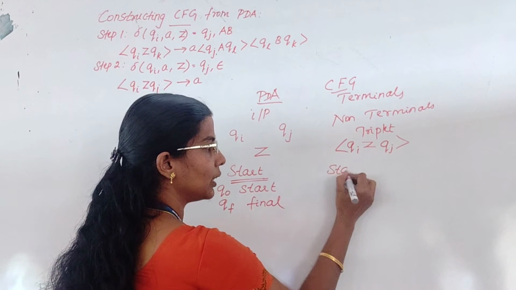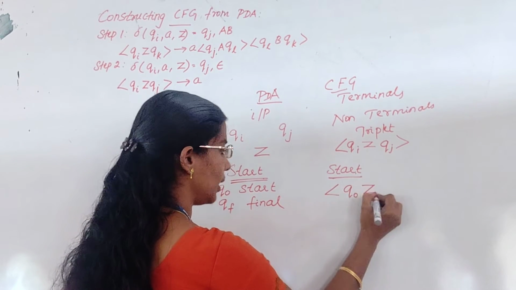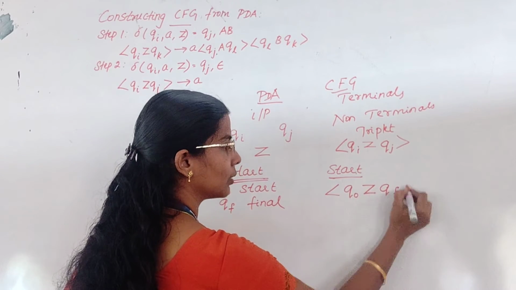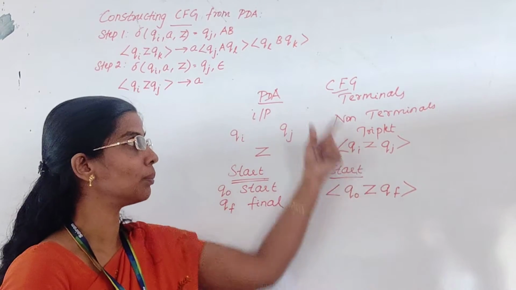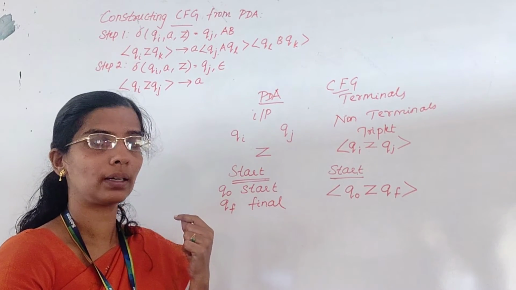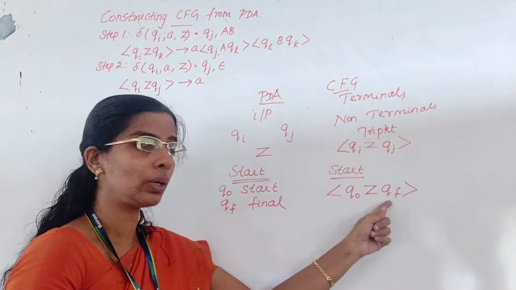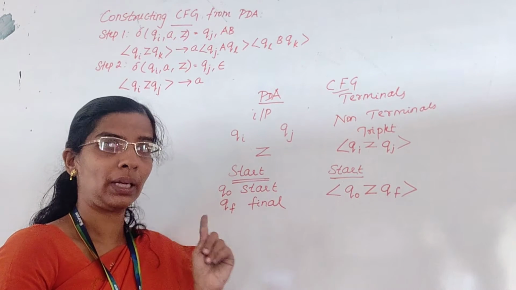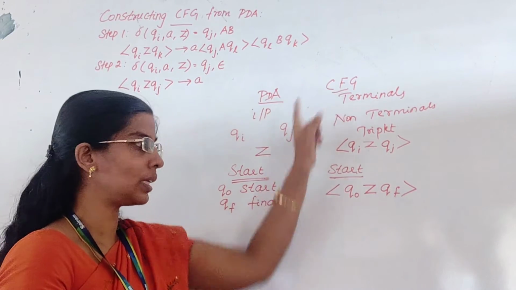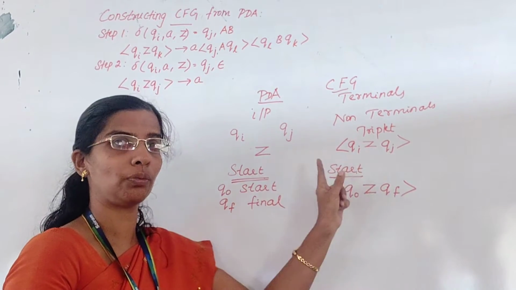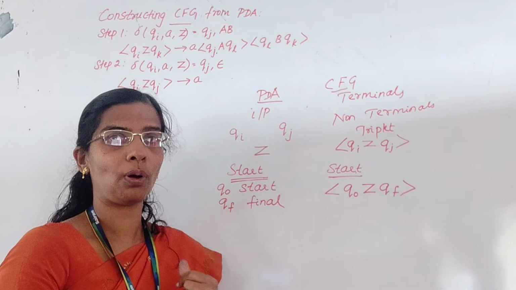The start symbol in your CFG is Q0 Z QF. Q0 is the start state of your PDA and QF is the final state of your PDA. So here in CFG, all the non-terminals will be in the triplet form.